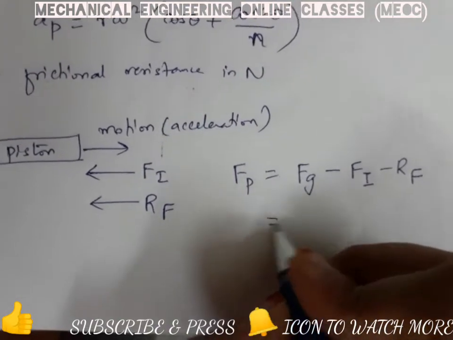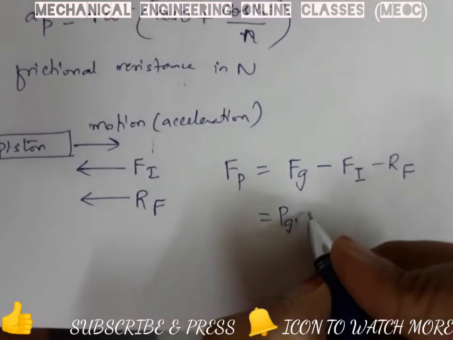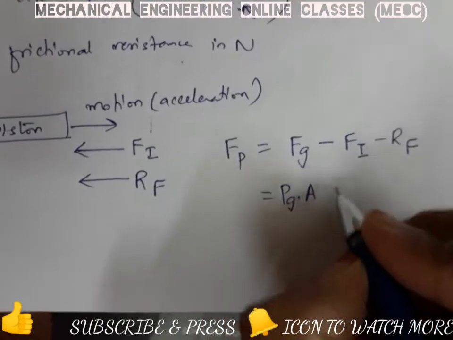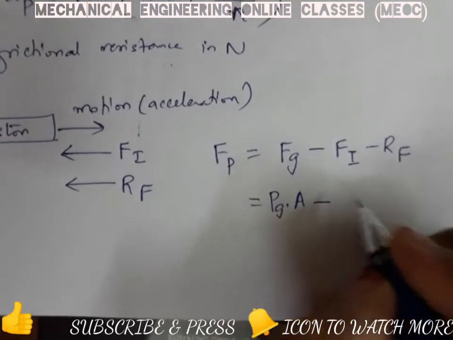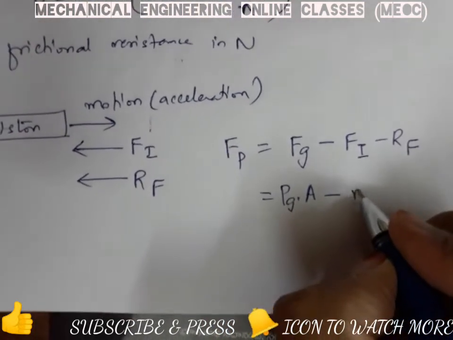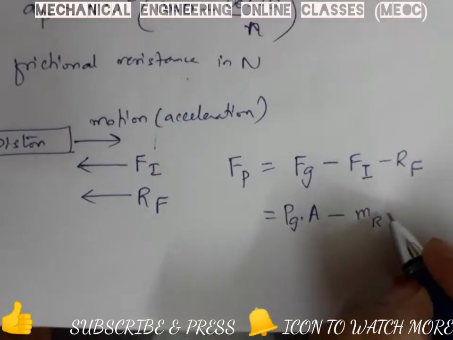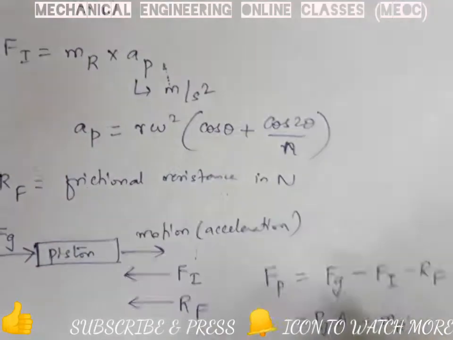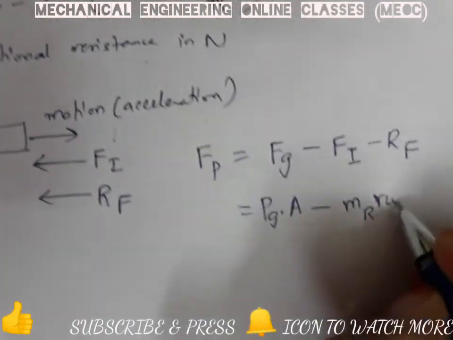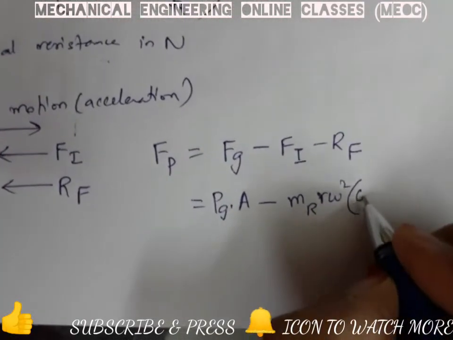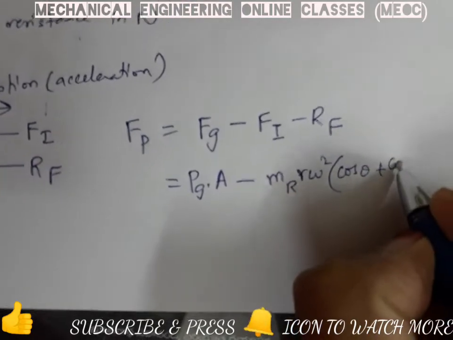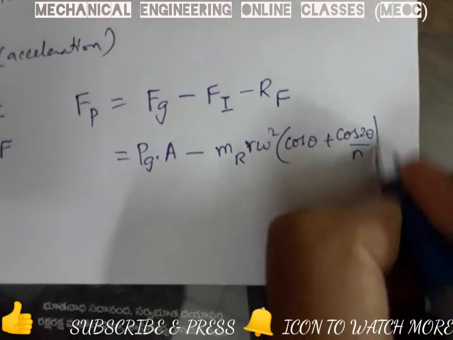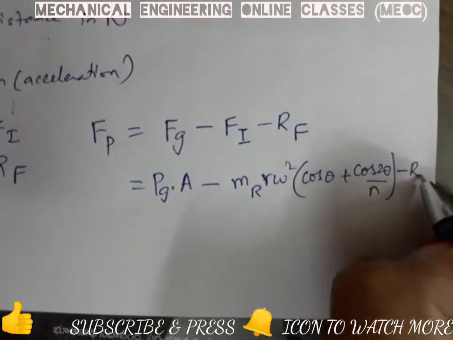This is nothing but pressure into area minus Fi, which is mr into AP. AP is nothing but r omega square into cos theta plus cos 2 theta by n, minus Rf.